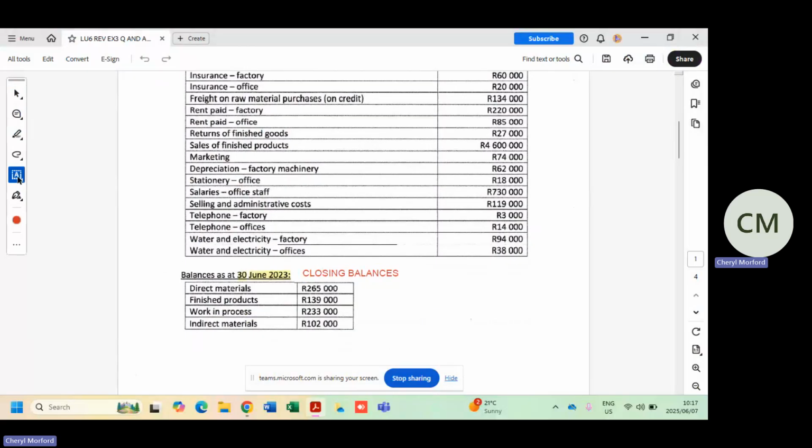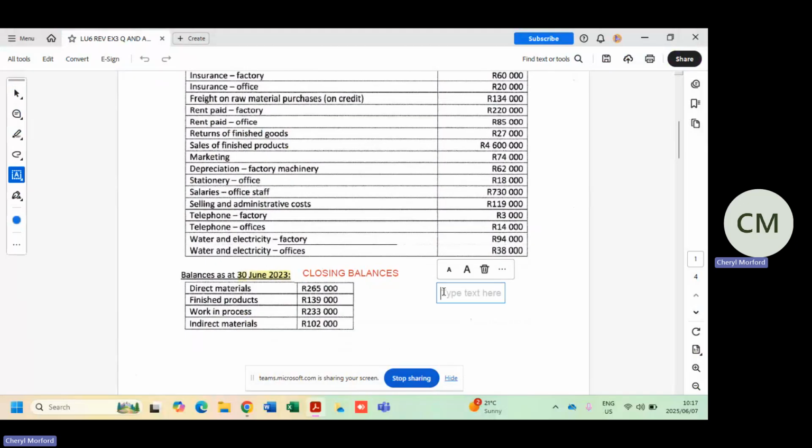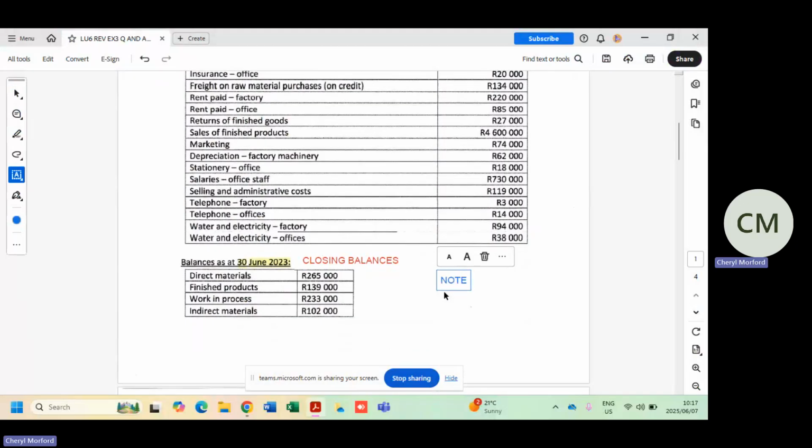So let me type this up for you over here. We're going to start with the notes. First of all, we're going to do note 1, which is direct materials, followed by note 2, direct labor, then note 3, factory overhead costs, then the first of our statements, the production cost statement.